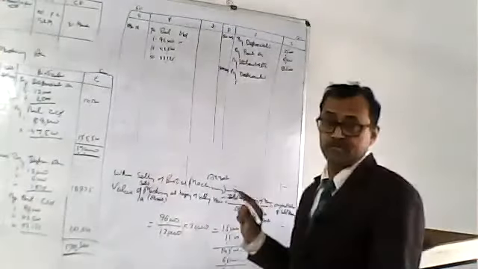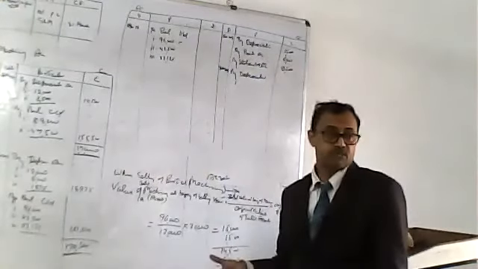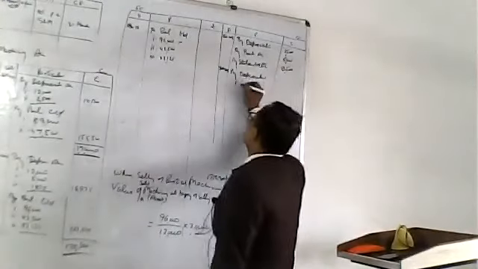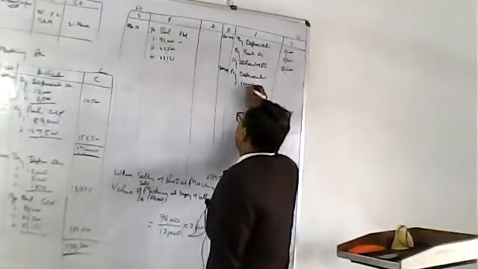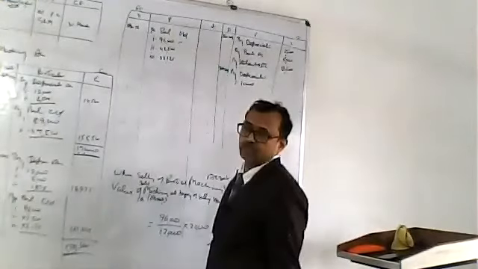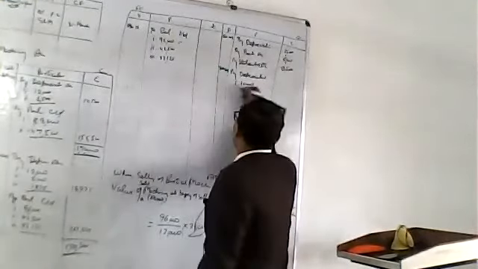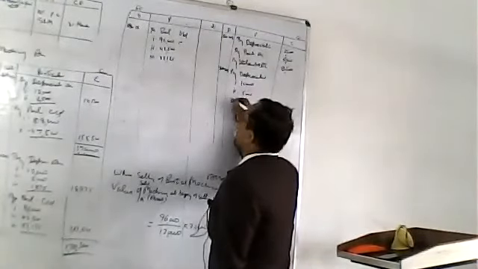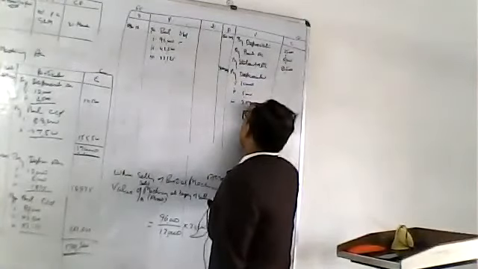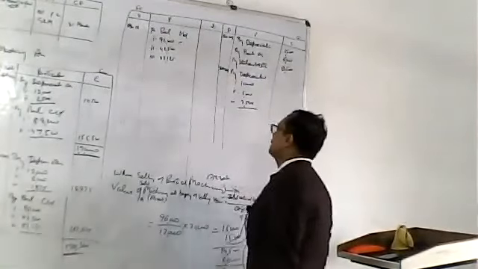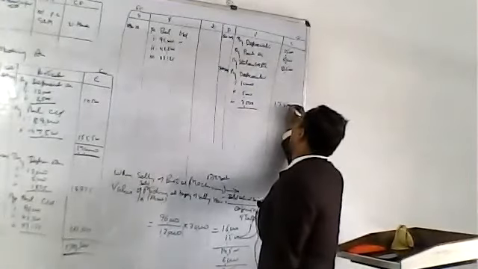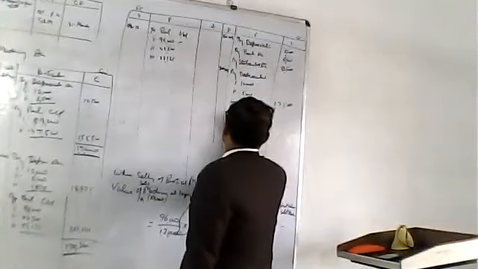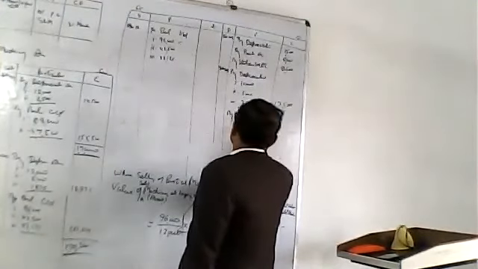Now, what is the balance remaining? 1 lakh machinery, and by 10% you shall provide depreciation 10,000. And for second machinery you shall provide depreciation 5,000, and on third machinery you shall provide depreciation 2,500. The total depreciation will be 17,500.